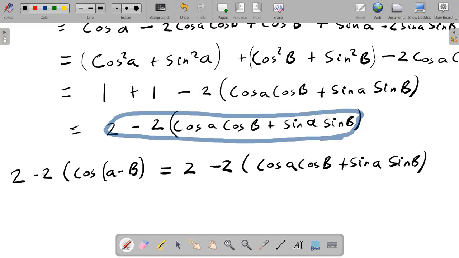So we can now try to simplify. We can transpose this 2 to the other side. So what are we going to be left with?